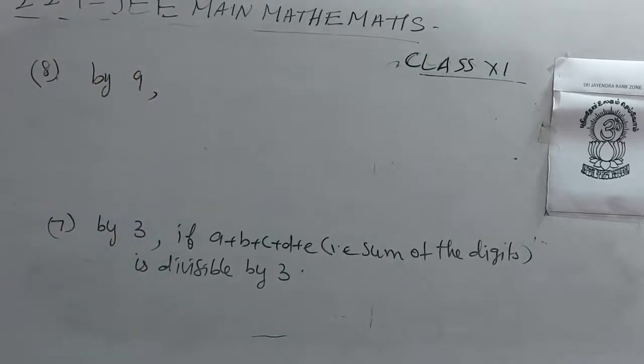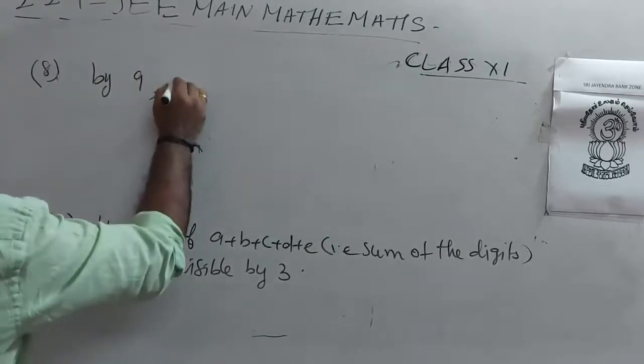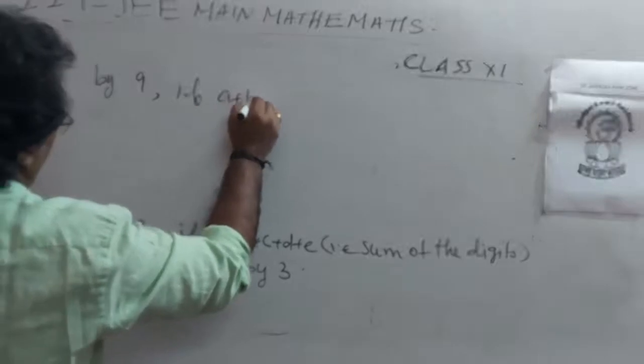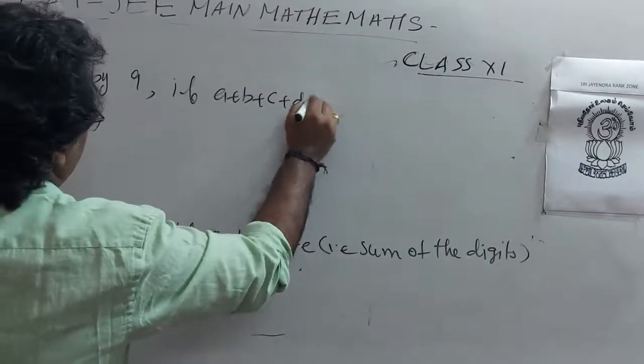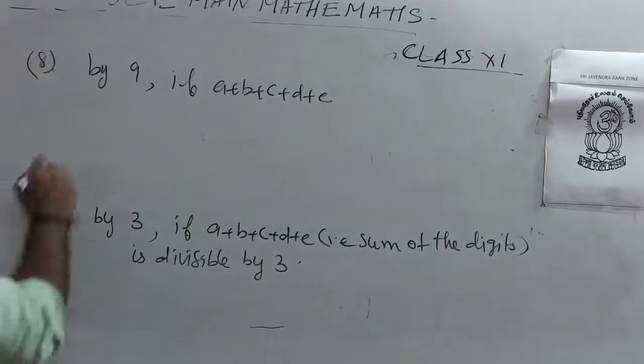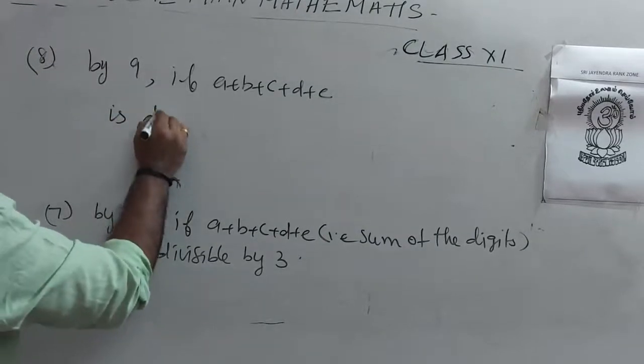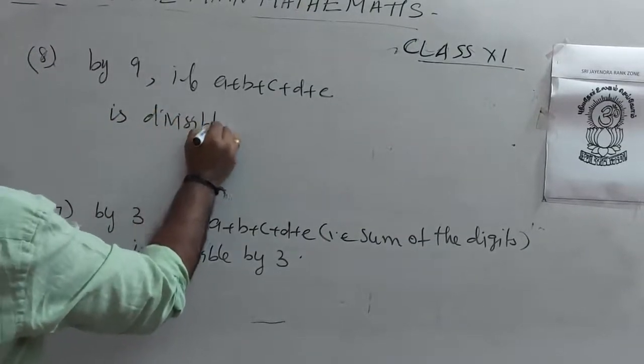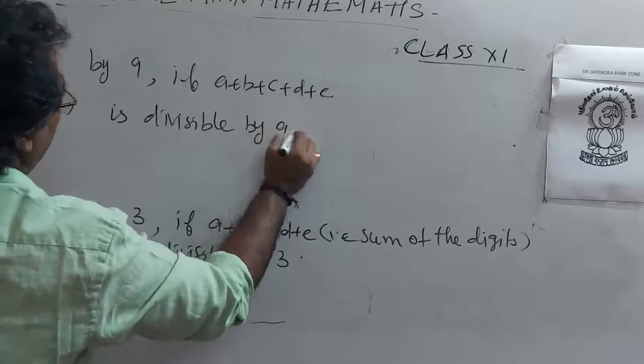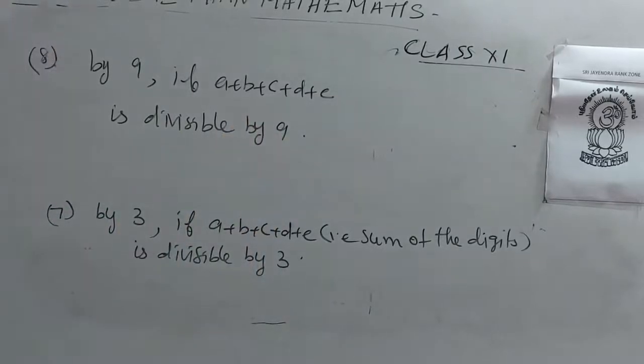By 9, if A plus B plus C plus D plus E is divisible by 9.